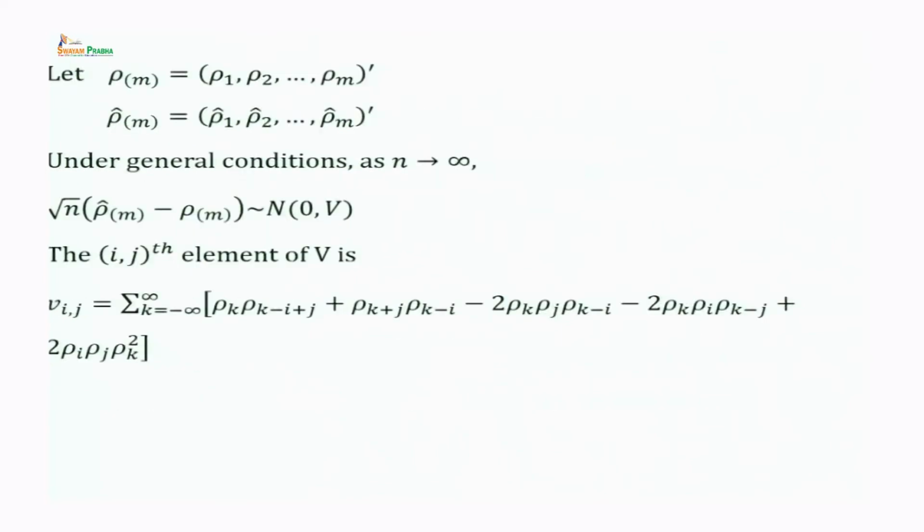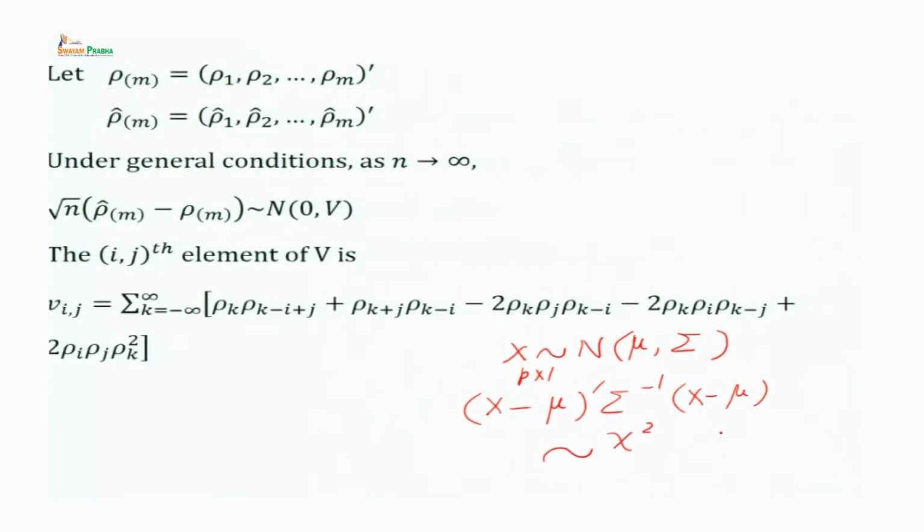In fact, if you look at this slide, if x follows a multivariate normal distribution with mean vector mu and variance covariance matrix sigma, and x is a p cross 1 vector, then x minus mu transpose sigma inverse x minus mu follows a chi-square distribution with p degrees of freedom.